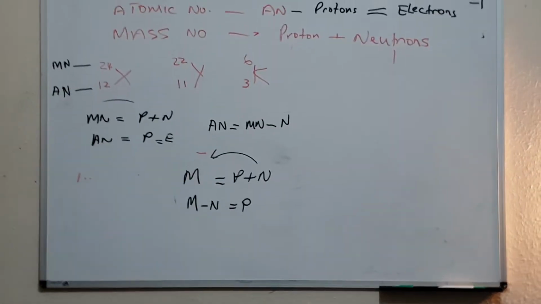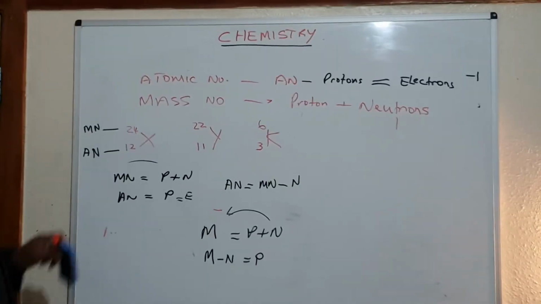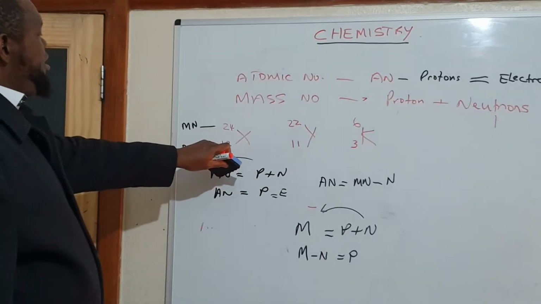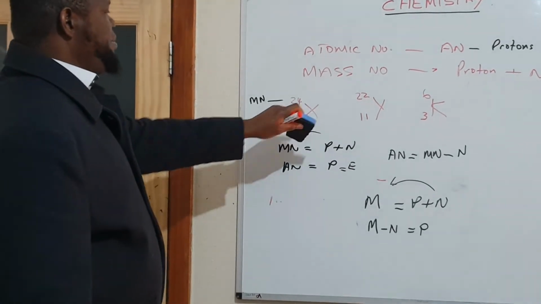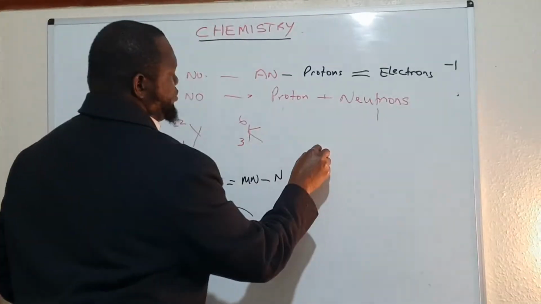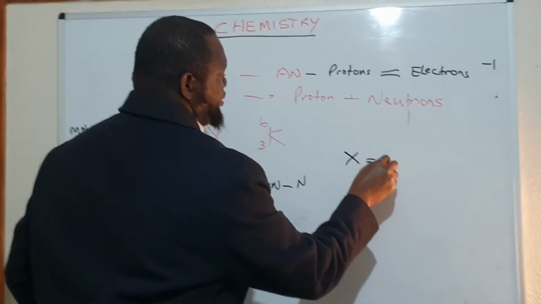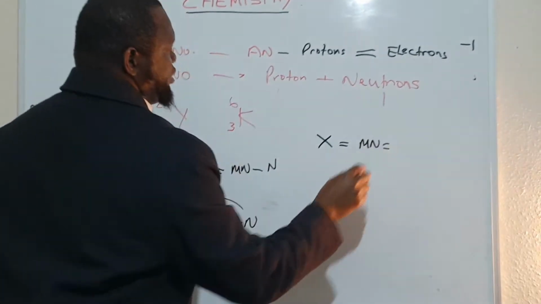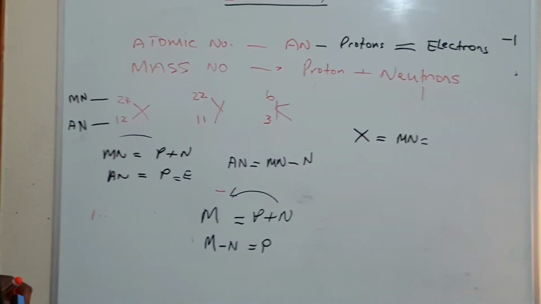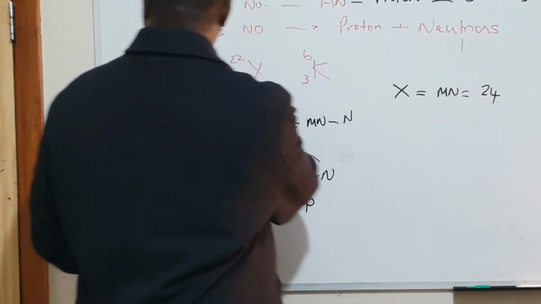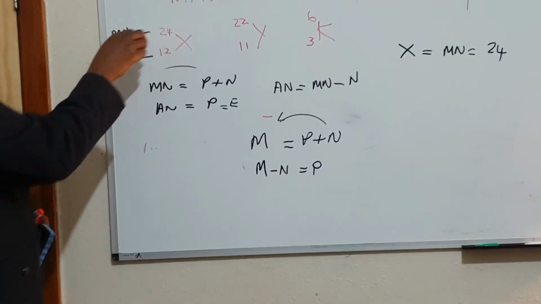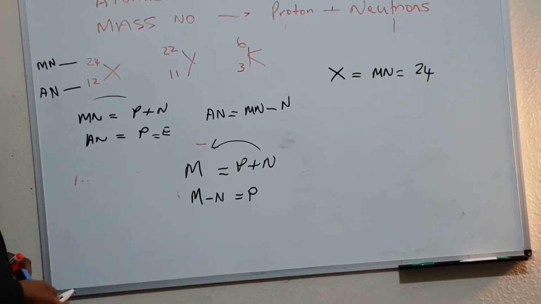So when they give you the first one, they tell you, first of all, what is the mass number of element X? It's 24, because the mass number is the one given up top. You see there, the mass number is 24. What is the atomic number?